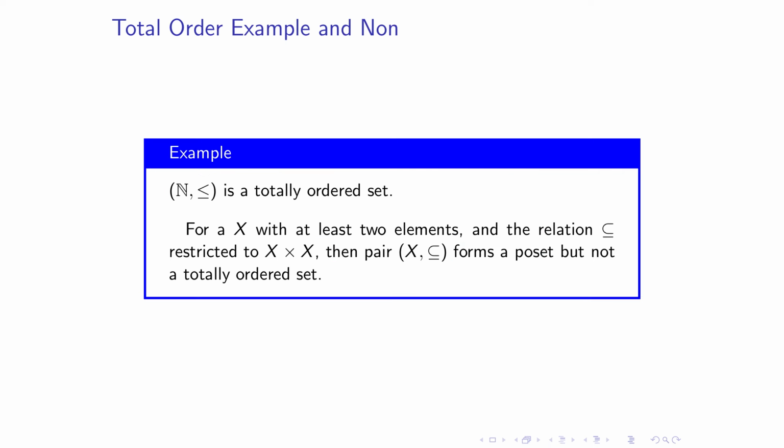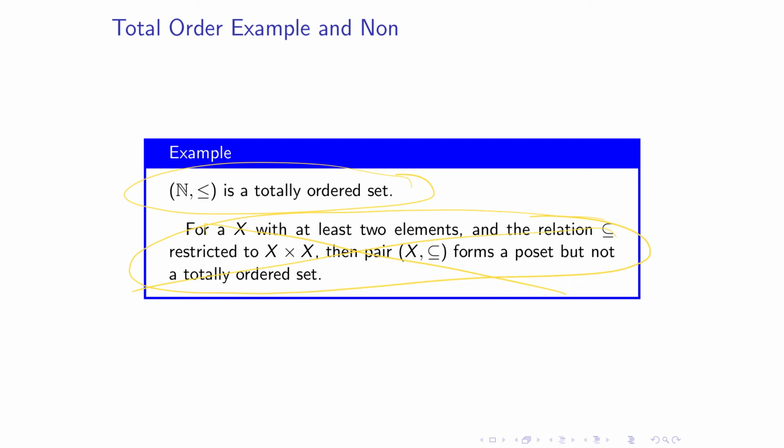The examples and non-examples will be pretty straightforward. Any of the number examples that we've discussed will be total orders. I think I've not written this correctly here, so ignore what's here.